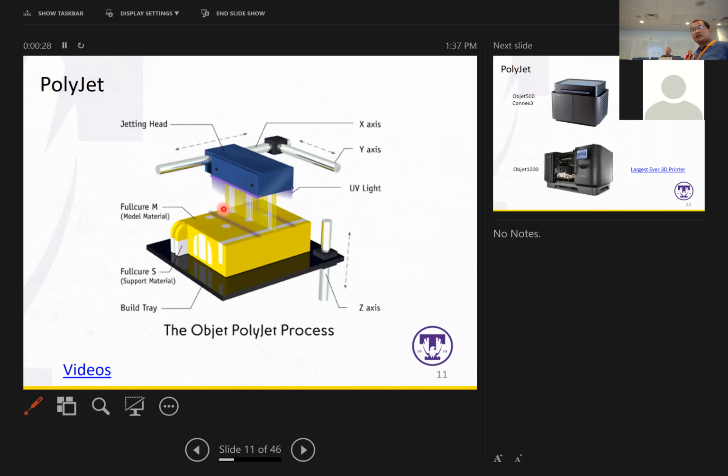Again, this platform will move downwards, and another layer will be spread onto it, and a UV light will be utilized to melt the powder together to make them bond to each other, something like this.